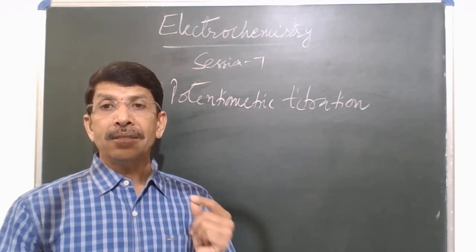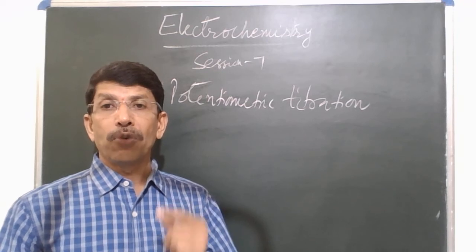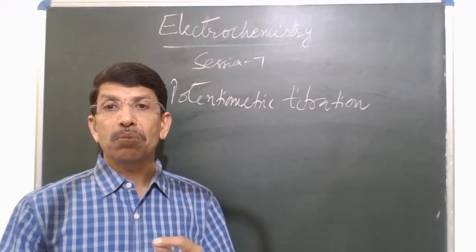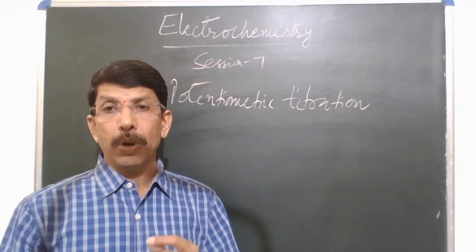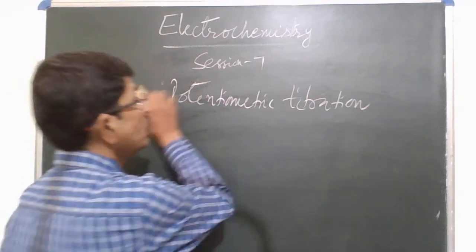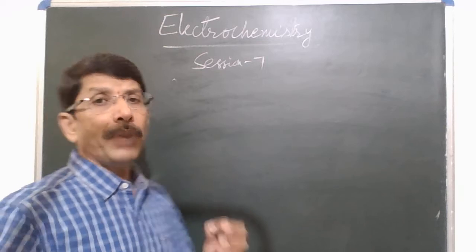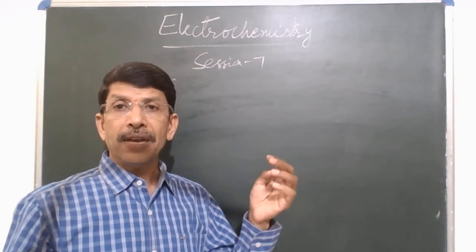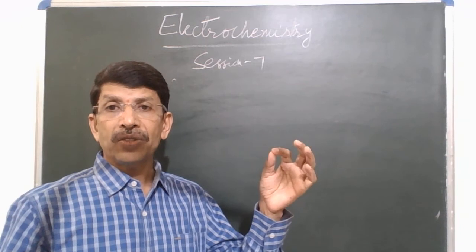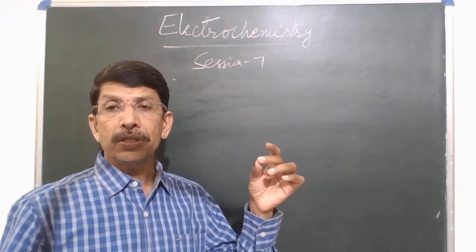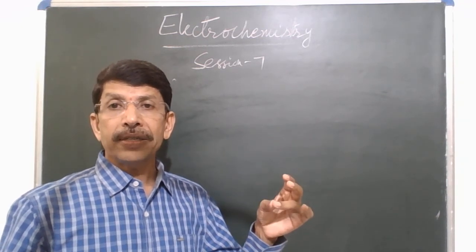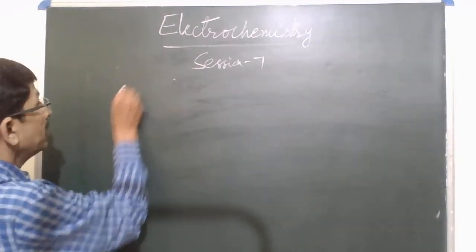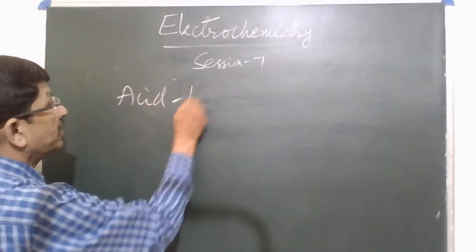As the EMF changes, a graph of volume of titrant and EMF can be plotted, from which we can determine the equivalence point. By the potentiometric method, we can study four categories of reactions: acid-base titrations, redox titrations, precipitation titrations, and complexometric titrations.